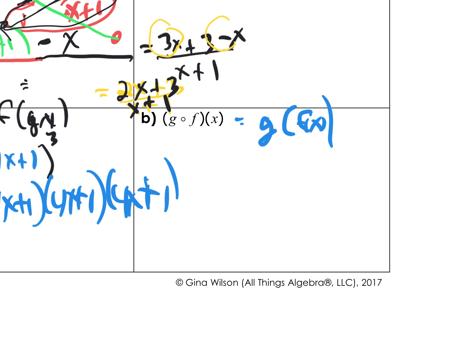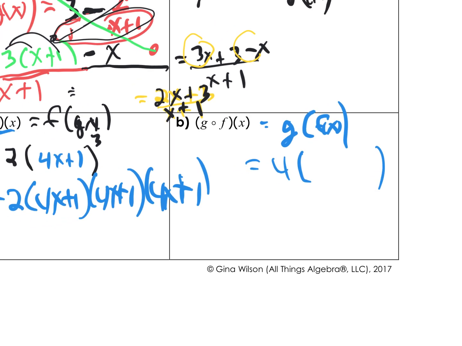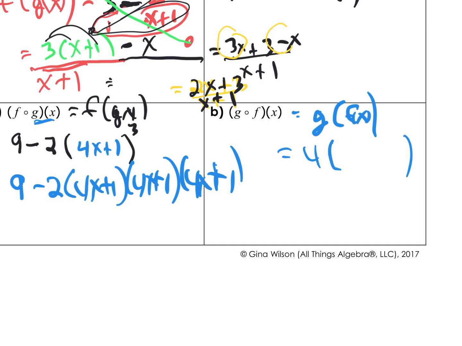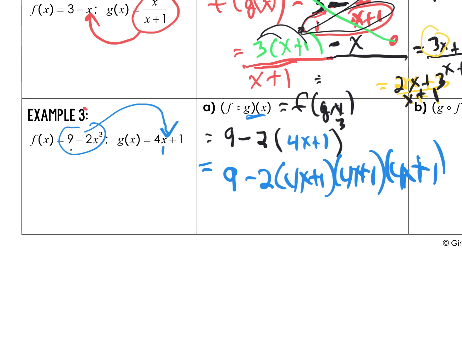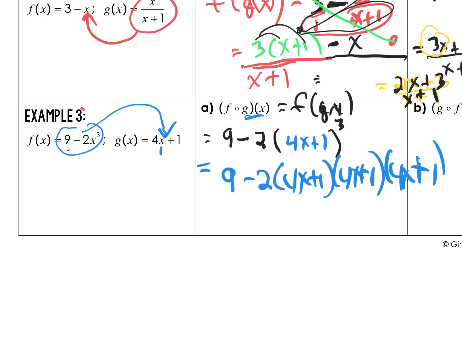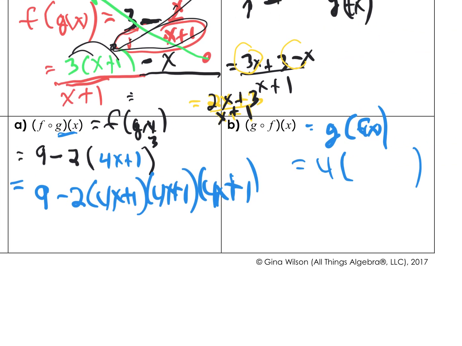So equals 4 times 9 minus 2x, that's being cubed.